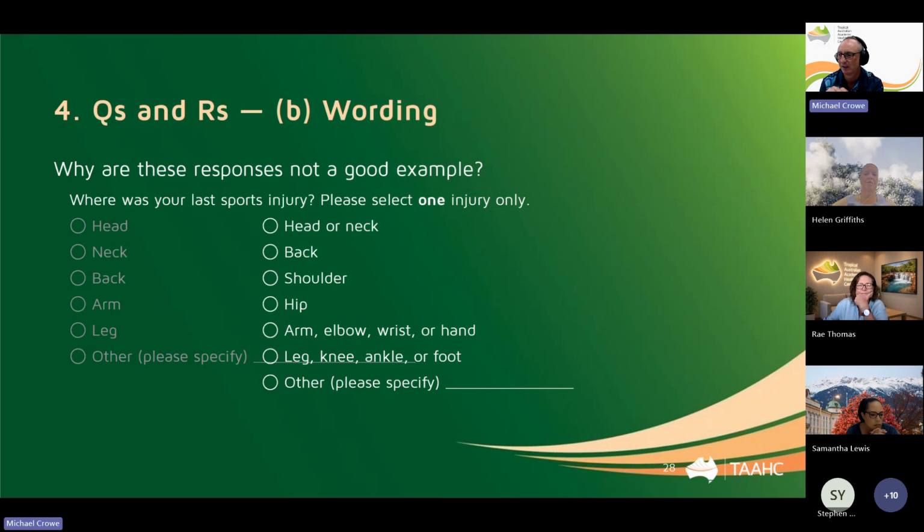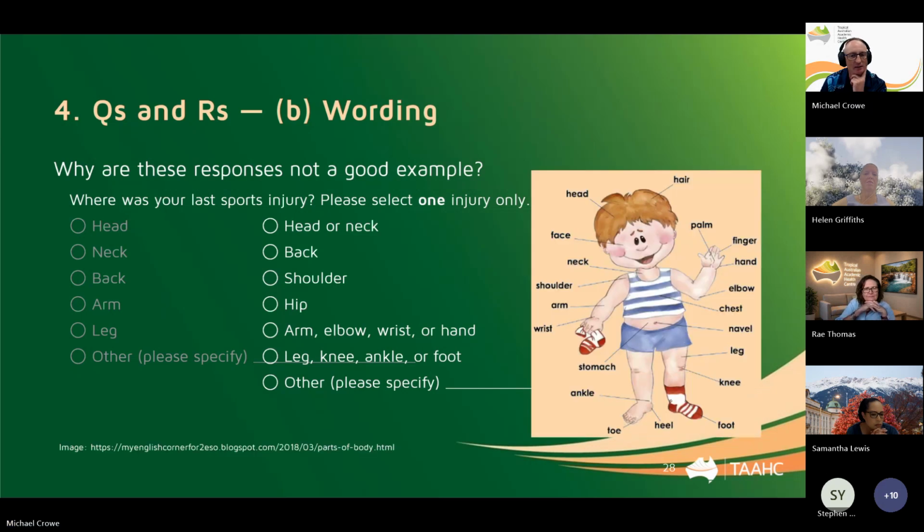And as Lucy said, even better is to have a little diagram. Let's pretend that this is actually for kids, and they can click. They had really, really injured their hair yesterday, or their toenail or whatever.